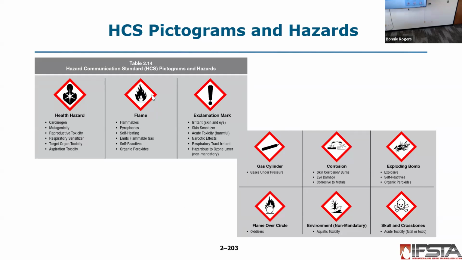Okay, this one's pretty easy. Look at that one. What's that? Gas cylinder. Here, what's this one? What's this one? Dead fish, yeah. Environment. And acute toxicity. Then over here, health hazard.